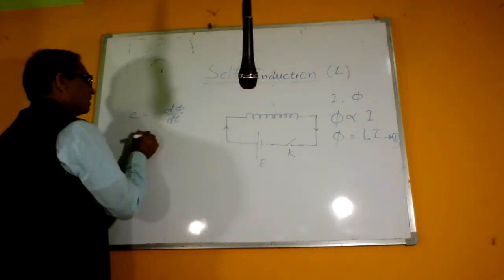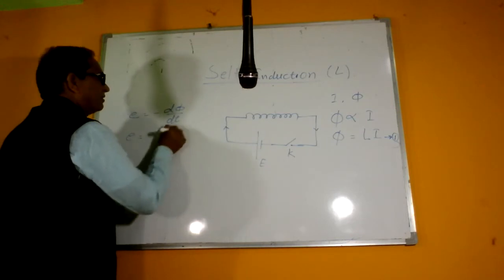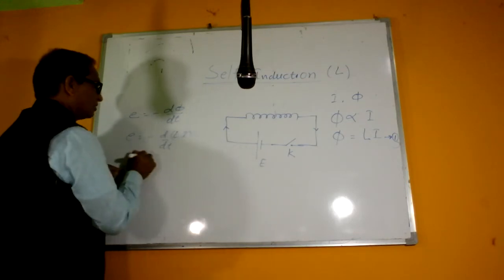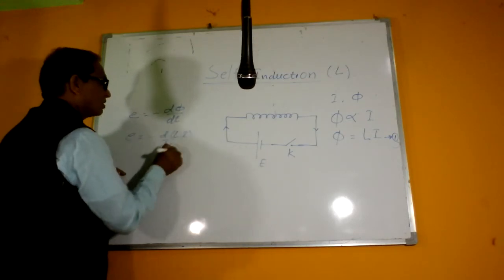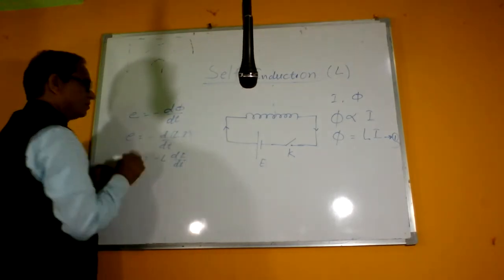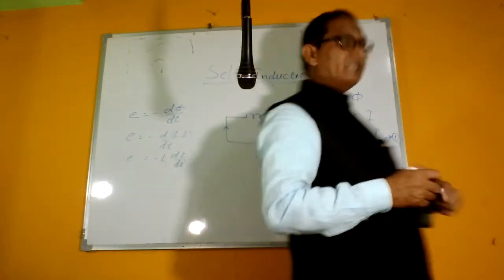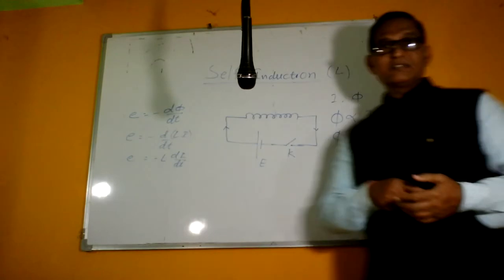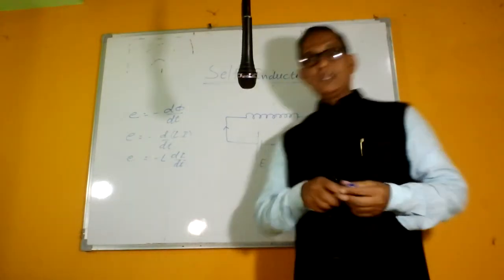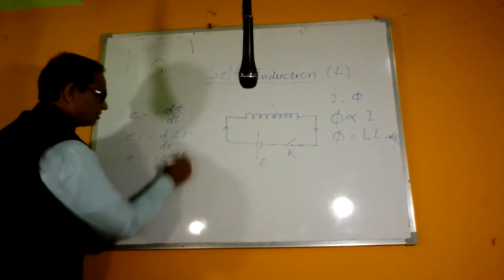Now we take this value of phi from equation number 1, so this is minus d by dt of L i. The L is taken out, so we get E equals minus L di by dt. Suppose in this circuit the di by dt, the rate of change of current, is 1 ampere per second.